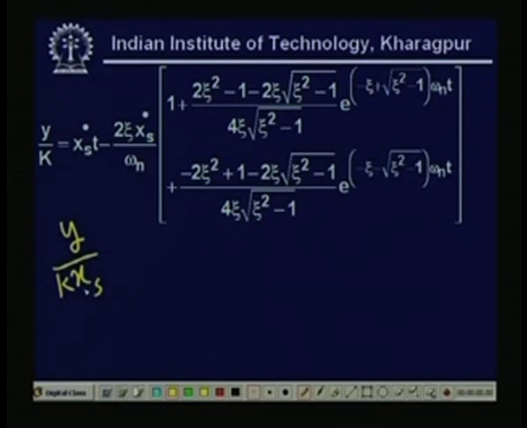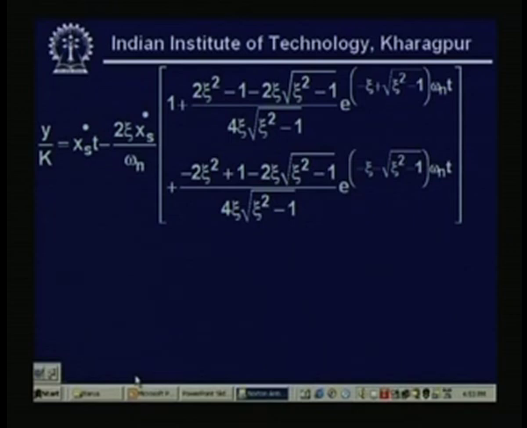The reason is that I have to make it a unitless quantity. If I put xs dot here, it will not be unitless, because any value when normalized is supposed to be unitless. So we put xs dot t on the right hand side, and put just y, the output, divided by the static sensitivity on the left hand side and the other things on the right hand side.